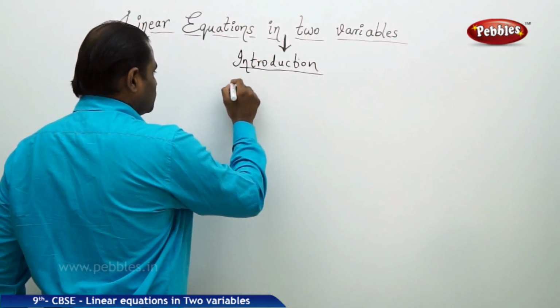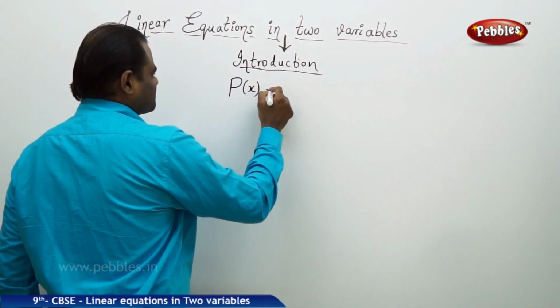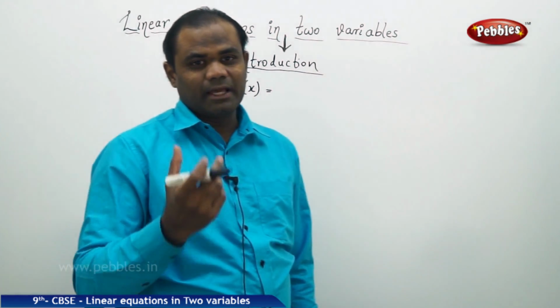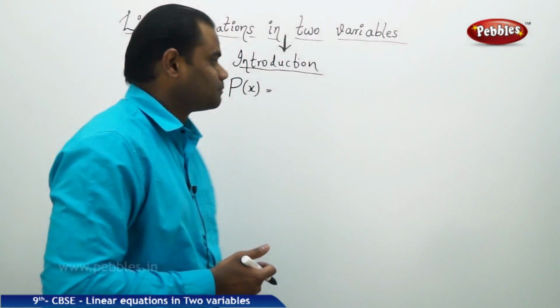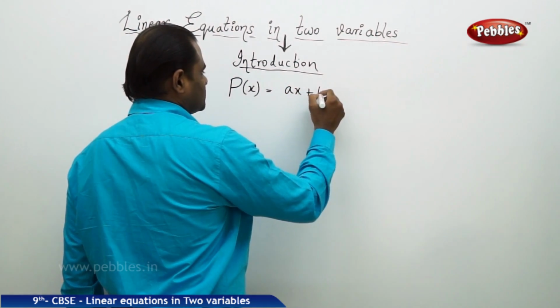As we know, the polynomial function denoted by p of x with variable x is linear if it has its highest degree of the variable as 1. Say for example, I have ax plus b.